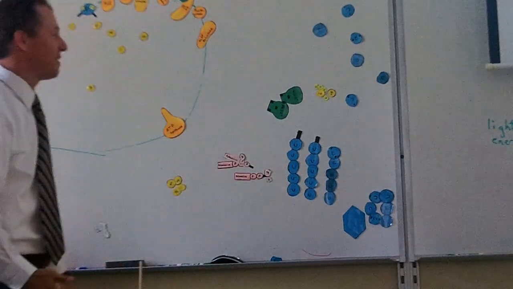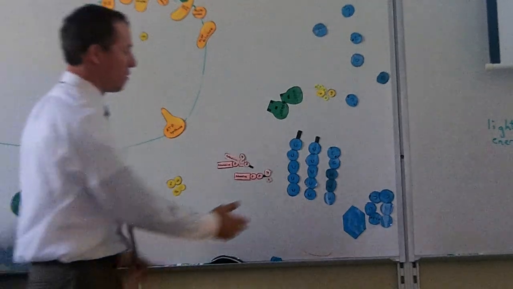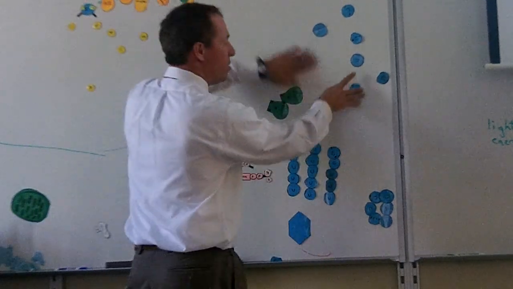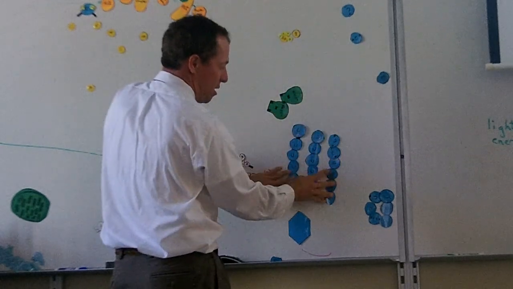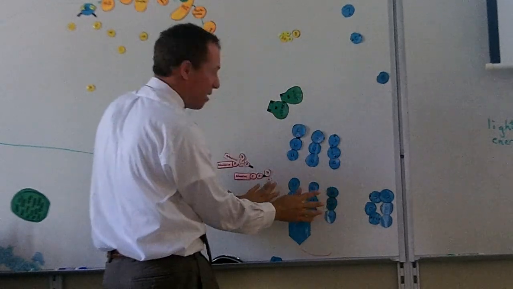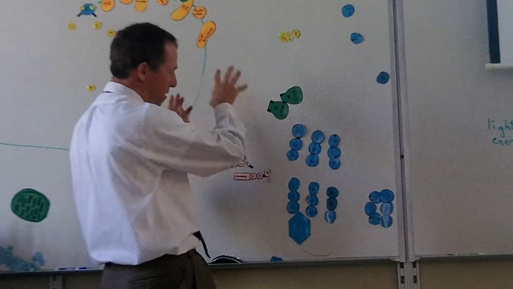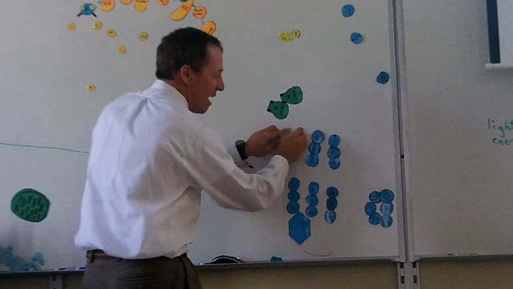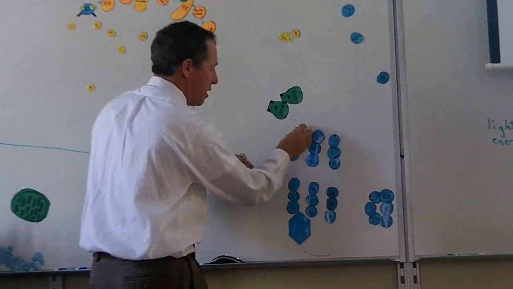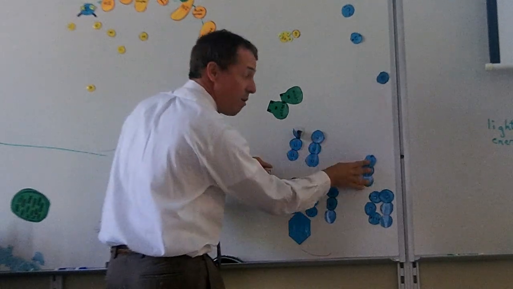Where's the second one from? Okay, each time CO2 attaches, then they break apart, right? Then NADPH and ATP change them around, and then one gets stored away.